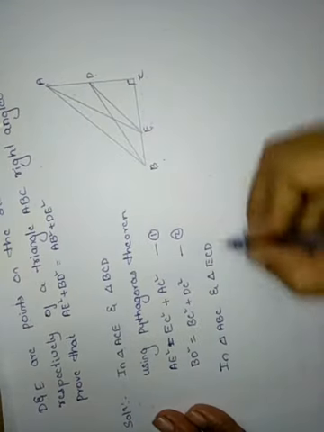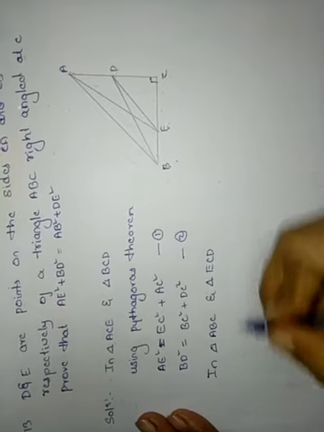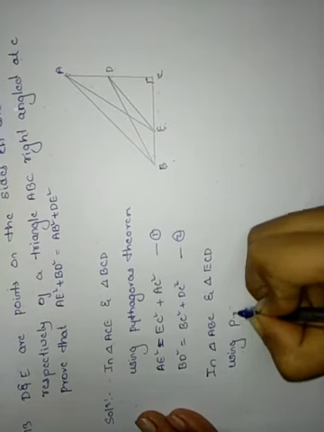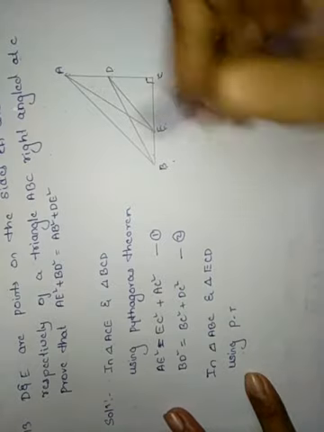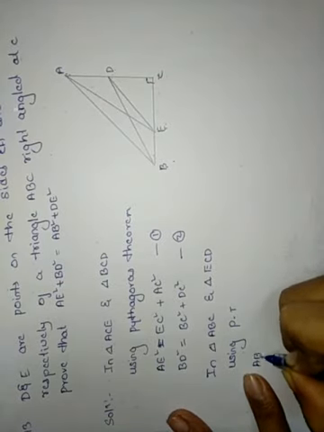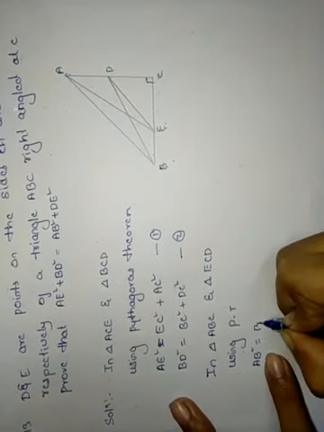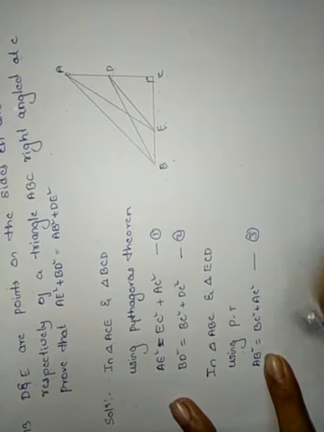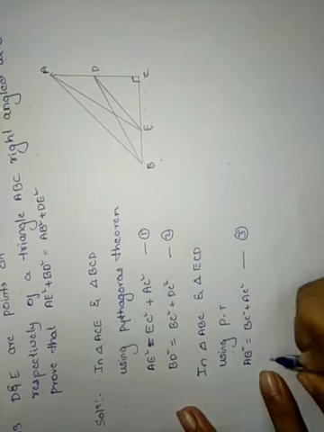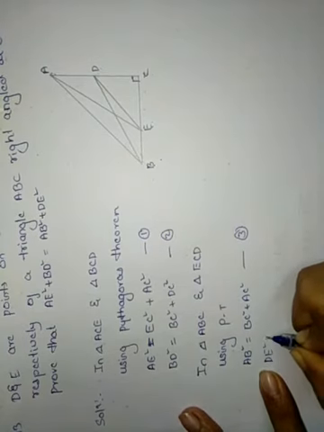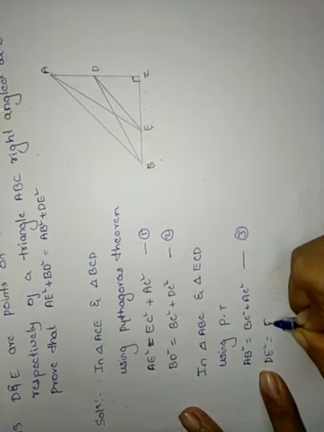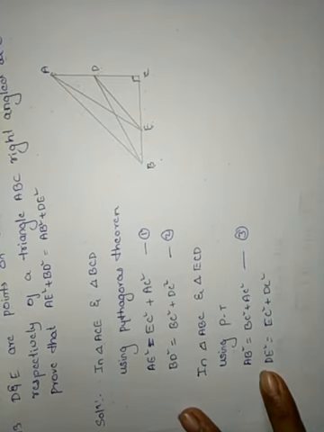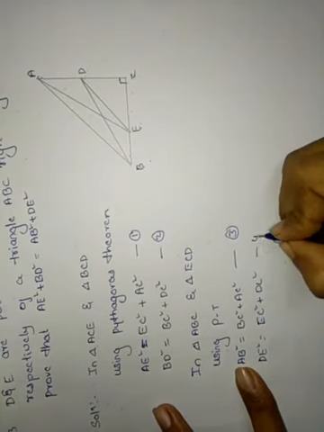Again for these two triangles we'll apply the Pythagoras theorem. Using Pythagoras theorem, AB square is equal to BC square plus AC square. We'll call this equation 3. And DE square is equal to EC square plus DC square, right? We'll call this equation 4.